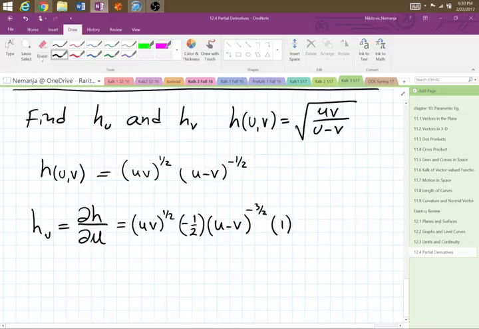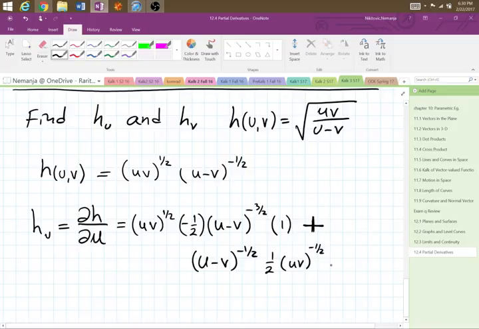Are we all good on that? And then there is a big fat plus from the product rule. Copy the second one, which is (u minus v) to the negative 1/2, times the derivative of the first, which is 1/2 (uv) to the negative 1/2, right, when you subtract 1.